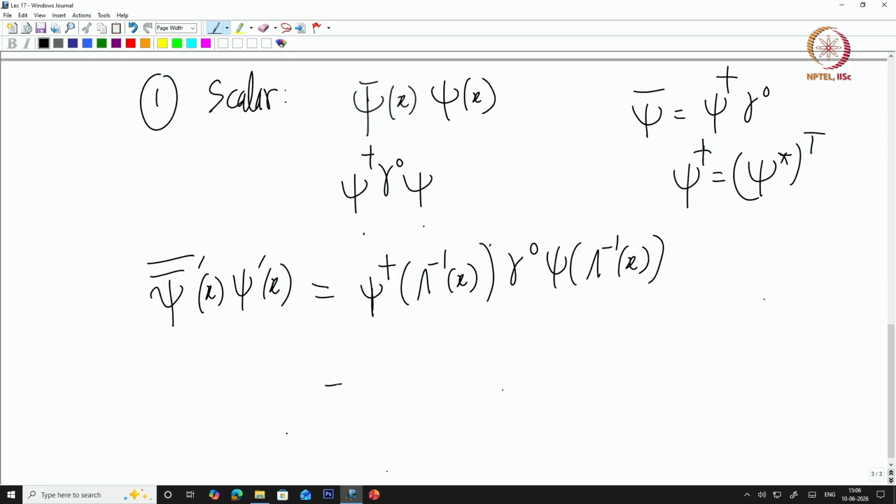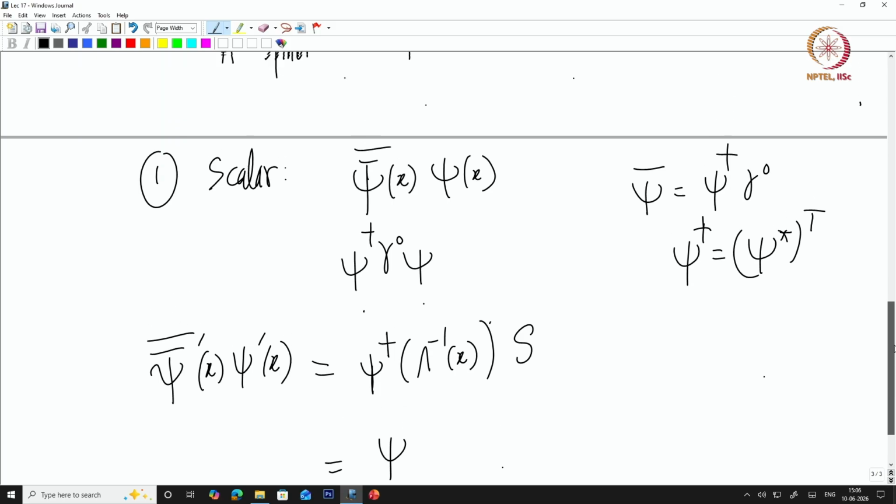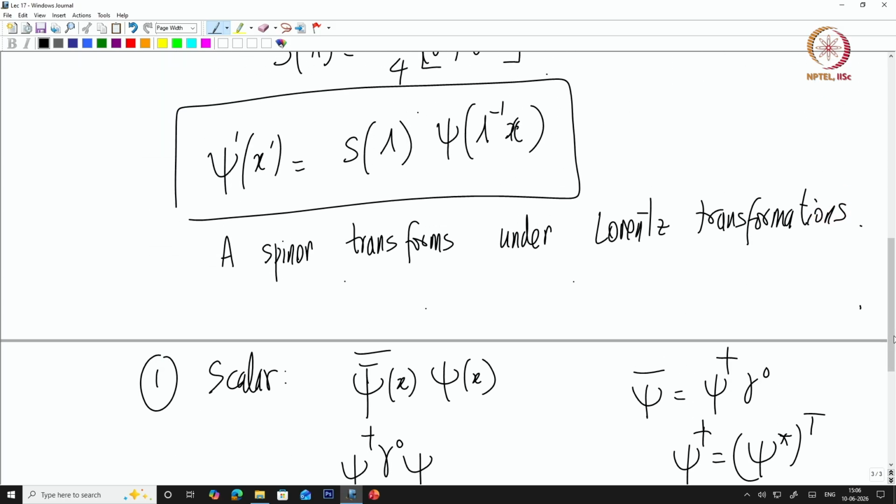I am not doing the full derivation, but I should write down the middle step also to make sure. There is an S sitting here, because we use this formula.